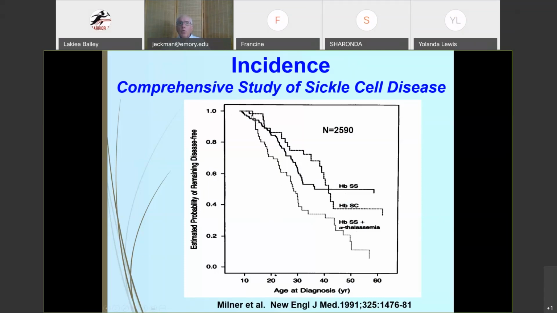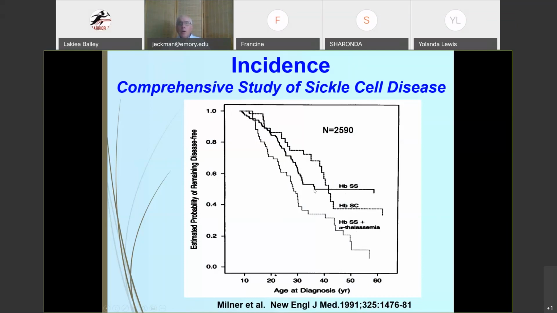And this is a slide that's sort of the opposite. That is, it's the age at which an individual goes to where they don't have avascular necrosis. And what you see is that by age 30 or so, about half of the individuals have avascular necrosis diagnosed.